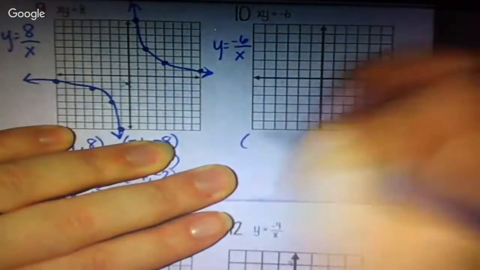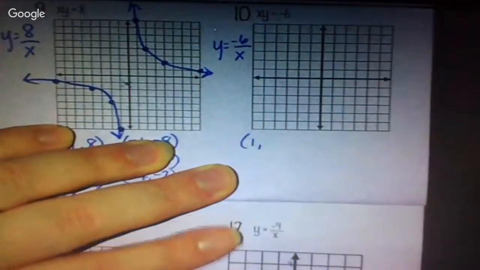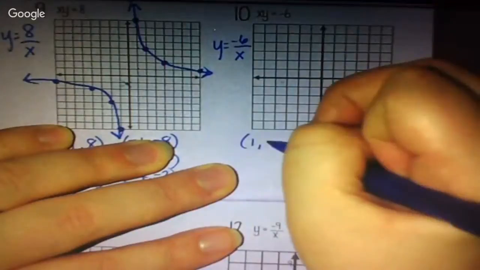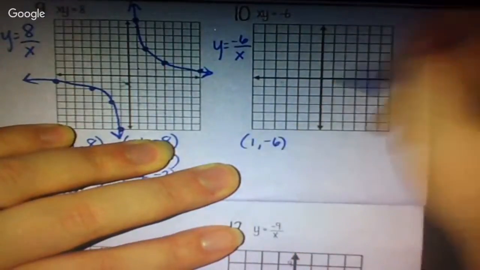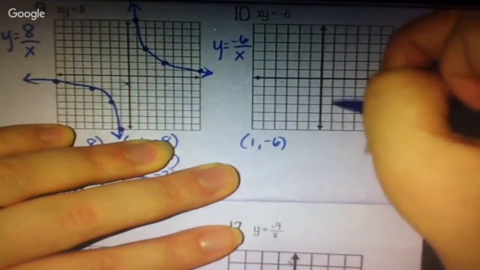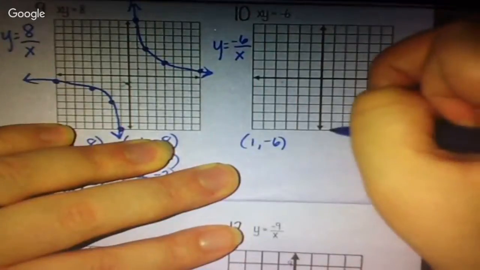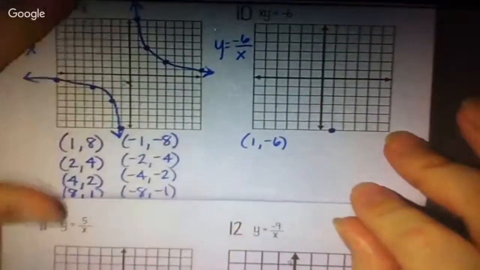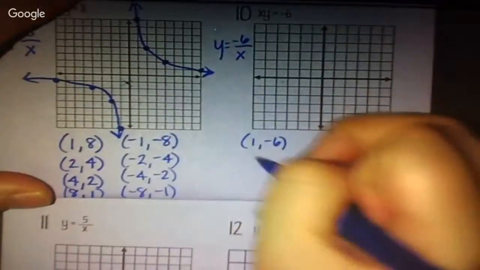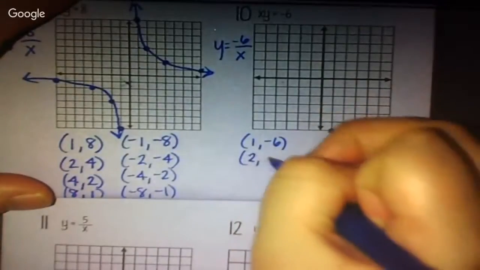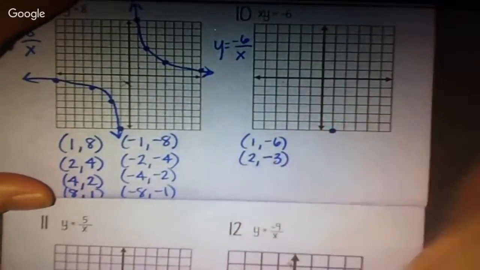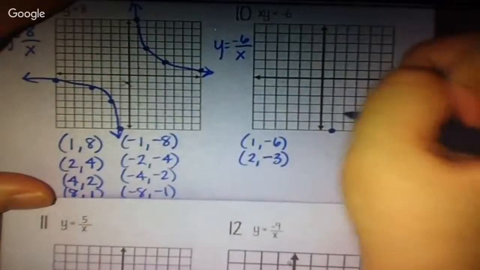So again, -6 is divisible by 1, and that leaves me with -6. So 1, -6. 3, 4, 5, 6. What else is -6 divisible by? 2, comma, -3.